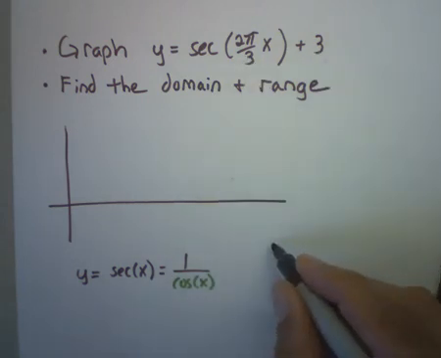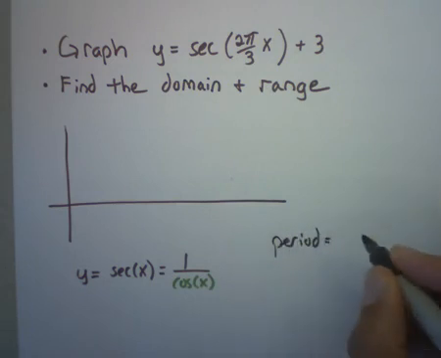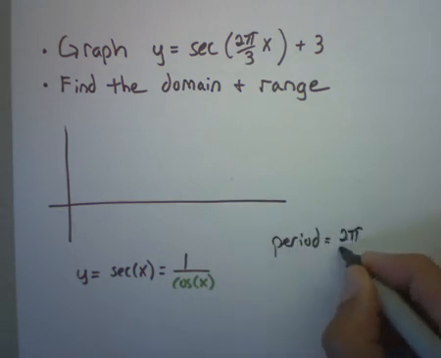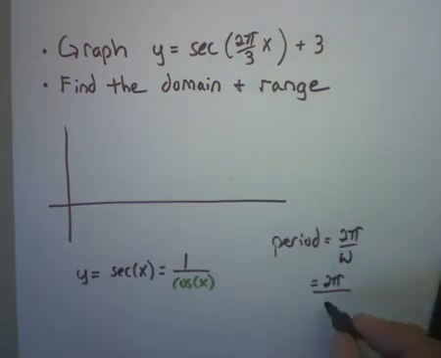So let's talk about the period. And we know that the period is 2 pi divided by the omega. For us, that would be 2 pi divided by 2 pi over 3.